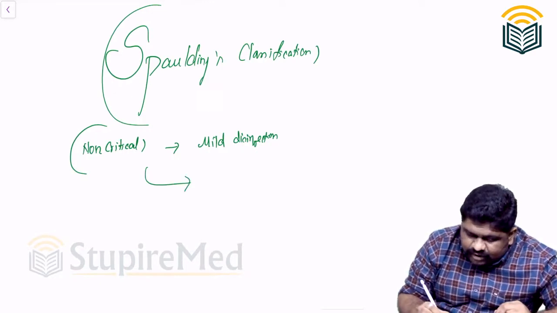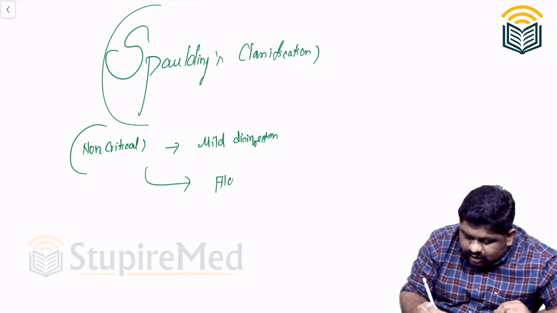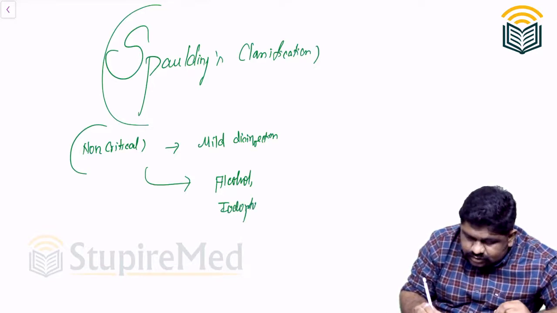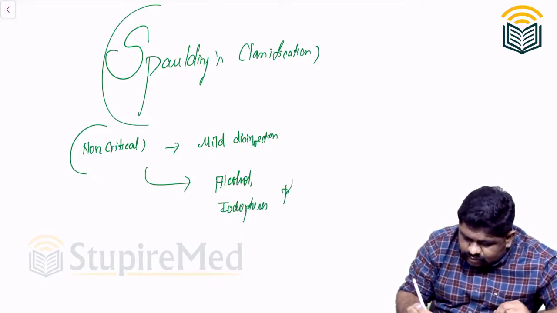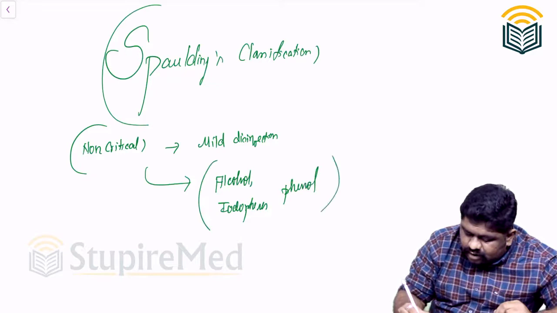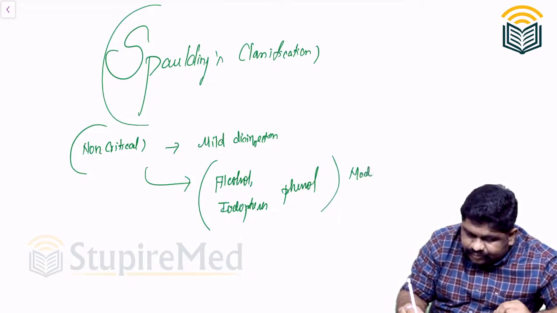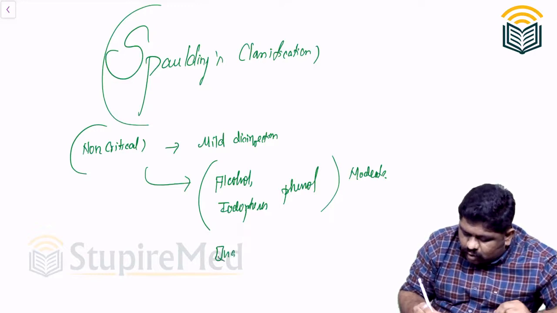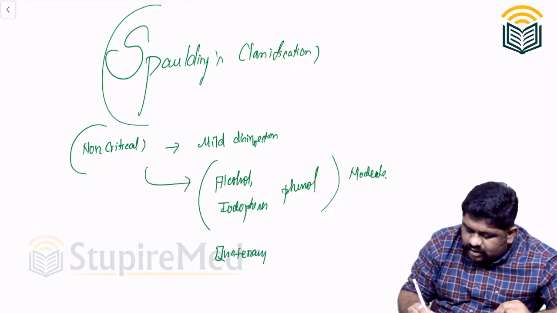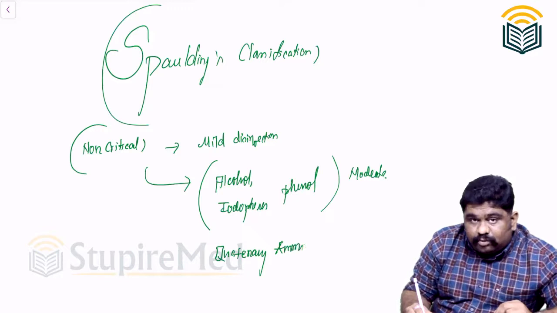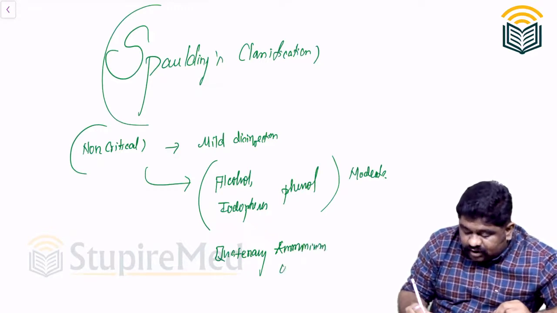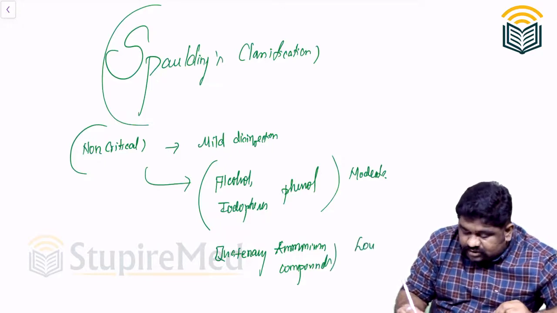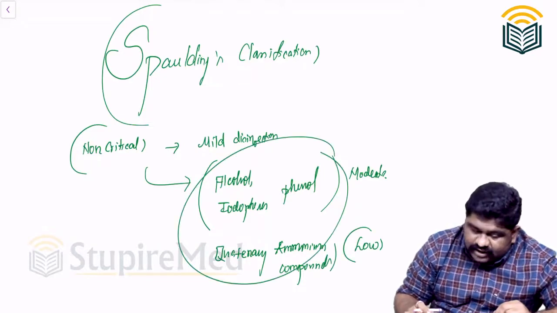Here I can make do with alcohol, iodophores, phenol, which come under moderate, and quaternary ammonium compounds, which come under low level disinfection, which is a mild attack on the organisms.